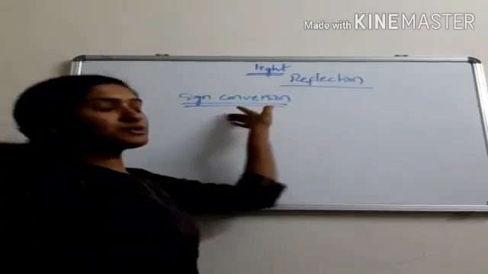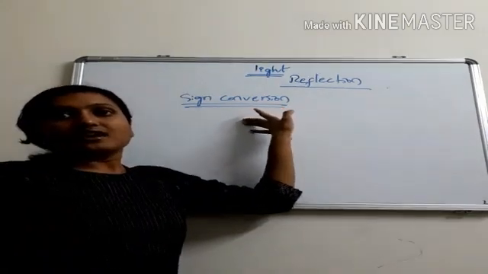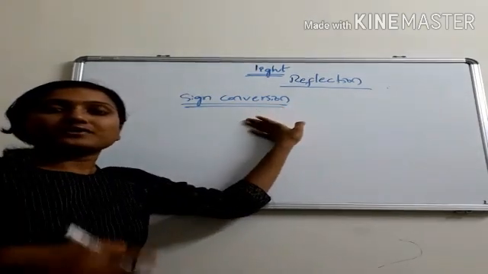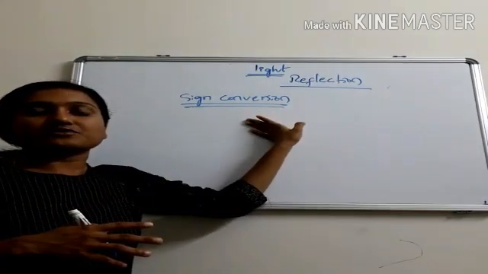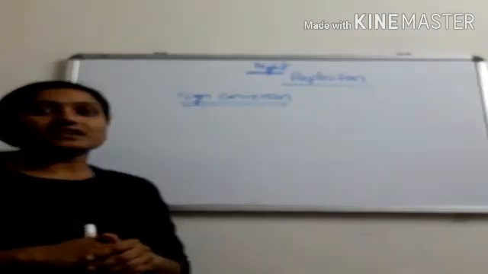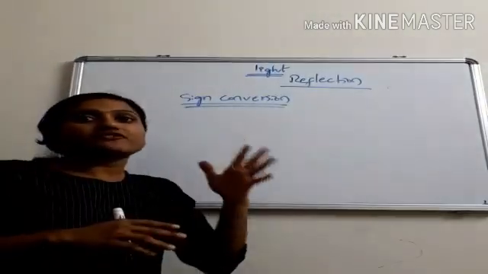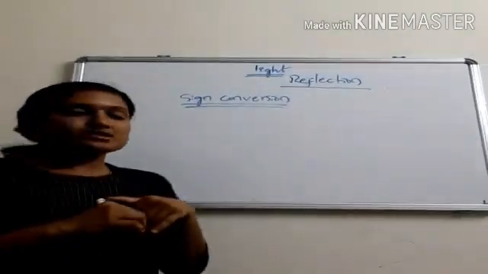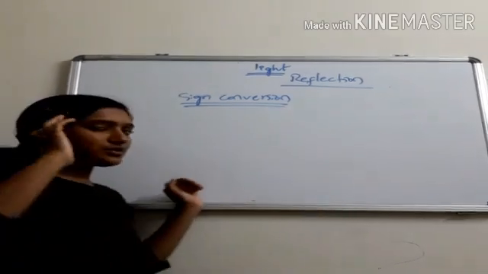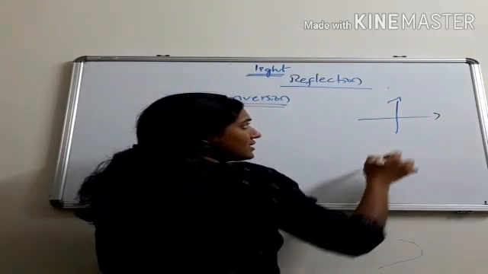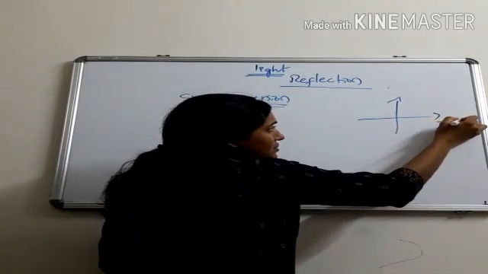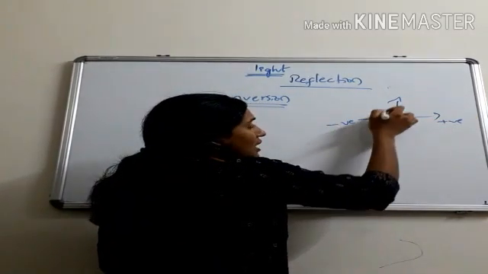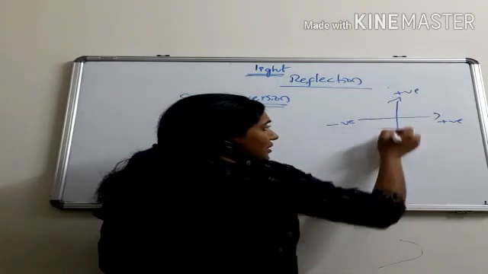Okay, now let's come to the sign convention. How can we remember this sign convention? You know that if the image forms in front of the mirror, that is in case of concave mirrors, right? I'll say it easily. You know it from the maths graph diagram, right? Towards the right positive, towards the left negative, upwards positive, downwards negative.